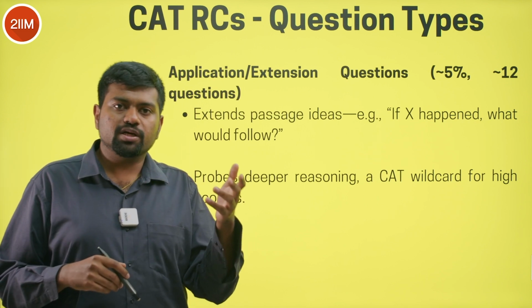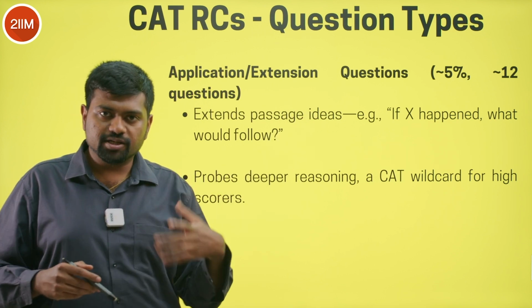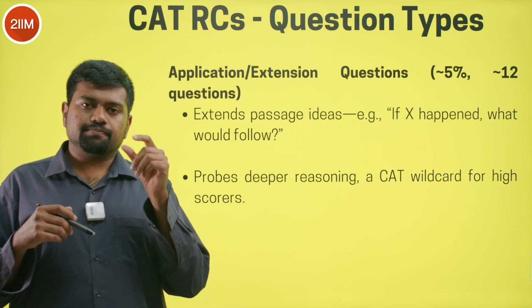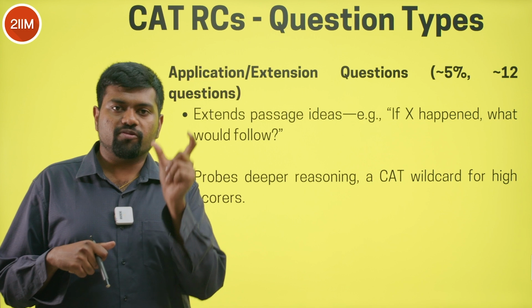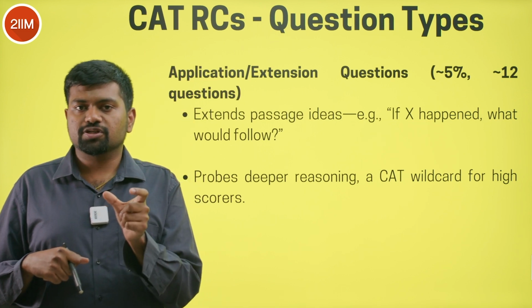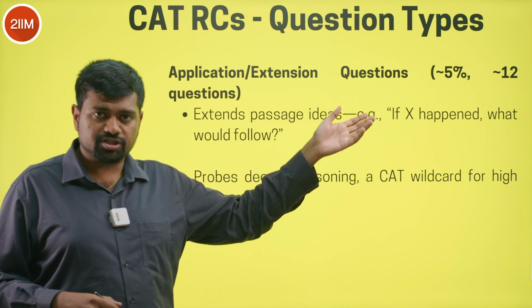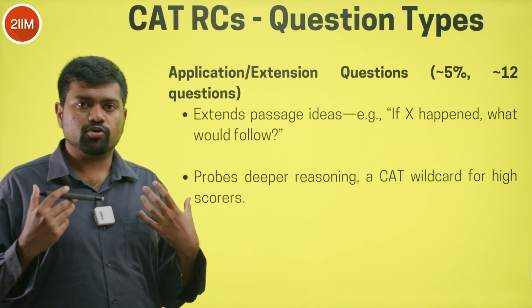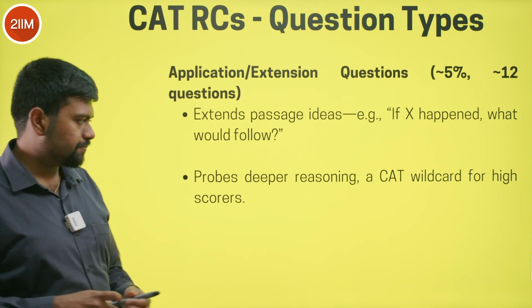And then the options could be deporting criminals to Mars, or sending criminals to a fort within your own country. And these test for the tiny nuances that you have picked up while you were reading the passage. So these are very interesting questions, very rare, 5%, even less than that, but very doable. And if you have a nice grasp of the passage, these are points in the bag.